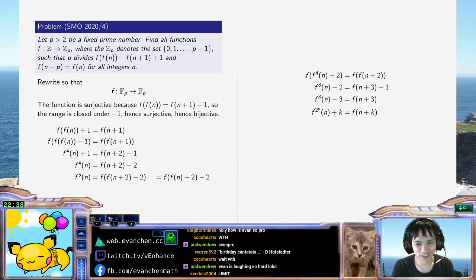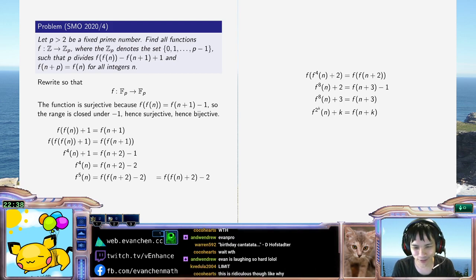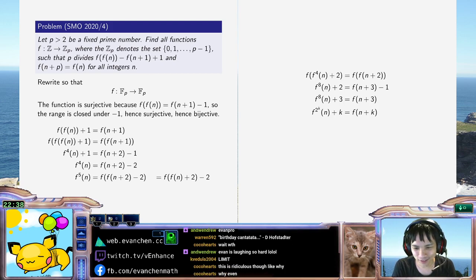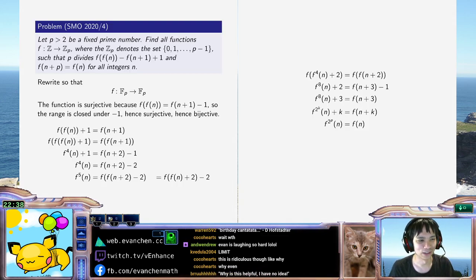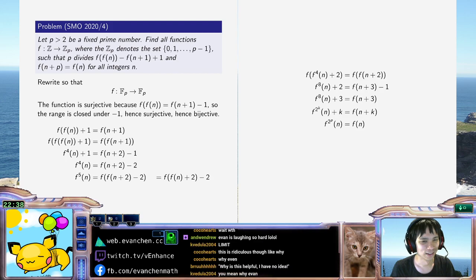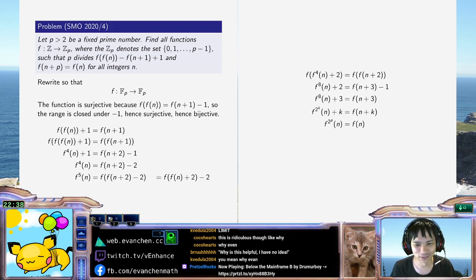So f is periodic with period 2 to the p. I don't see how this is at all useful.